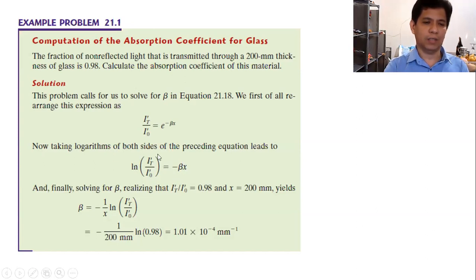When you use your calculator, ln 0.98 equals negative beta times 200 millimeter, then shift solve. I'm getting 1.01 times 10 to the negative 4, in millimeter to the minus 1. So this is its absorption coefficient, 1.01 times 10 to the minus 4.